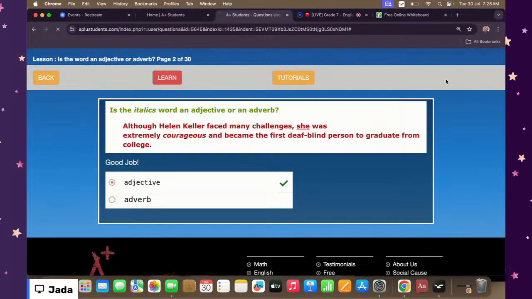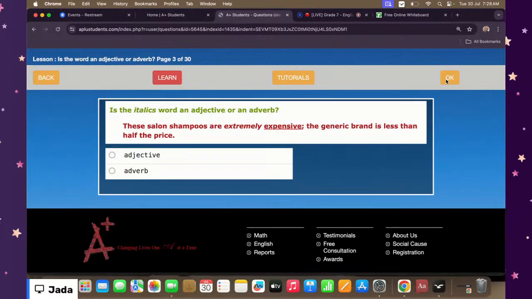Okay, the adjective. Now, these salon shampoos are extremely expensive. The generic brand is less than half the price. Adjective or adverb? Expensive. So, what does expensive stand under?